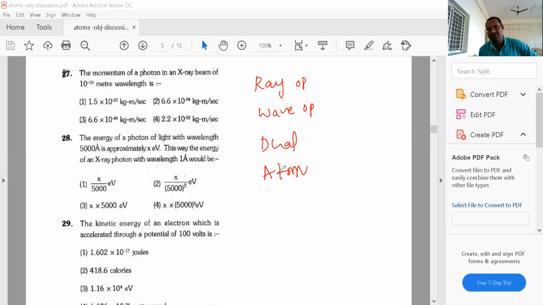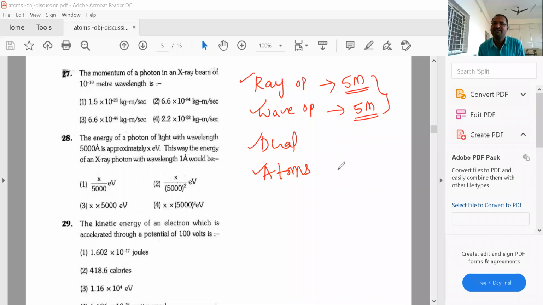These 4 chapters. I have completed the objectives of these 4 chapters also. From this chapter, a 5 marks question will be asked in your board exam, and from this one also a 5 marks question.